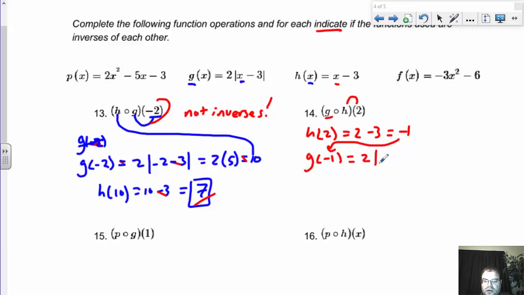So this is going to equal 2 times the absolute value of -1 minus 3, which will equal, since -1 minus 3 is -4, the absolute value becomes +4. It's 2 times 4. So this answer will be 8. These two, again, don't match for this composite. Remember, this only counts for detecting an inverse if you have a composite function, and because these two answers are not the same, these again are not inverses.